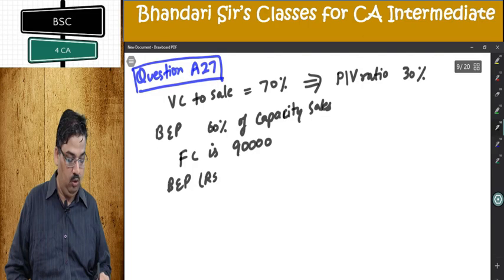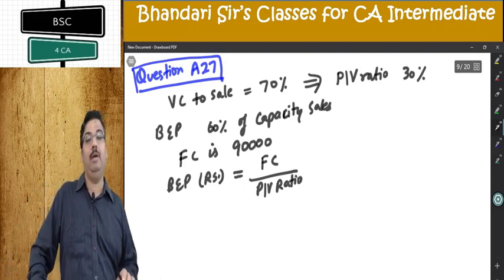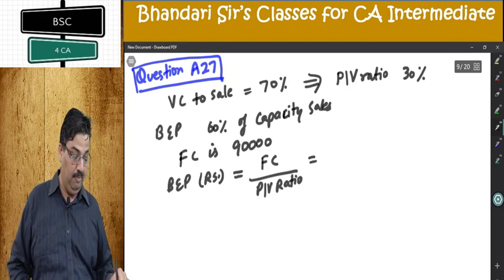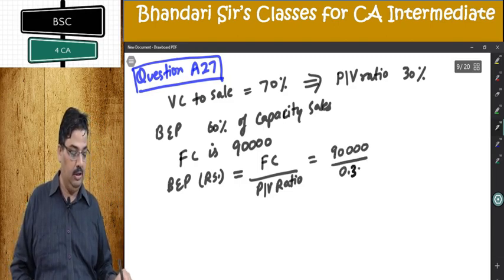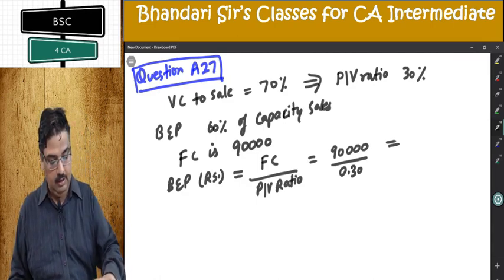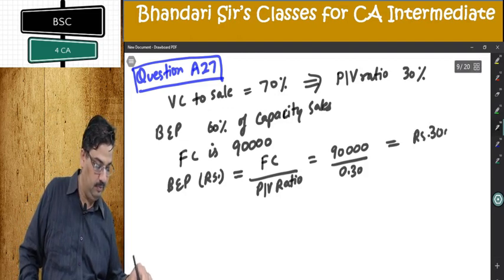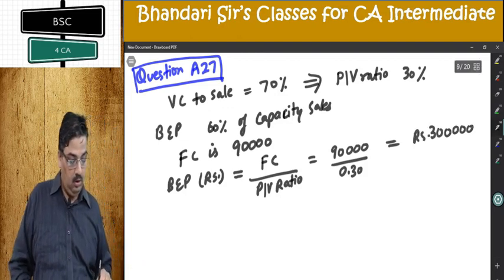Break-even point in rupees: fixed cost divided by PV ratio. Key thing is determining PV ratio, which you have done in the beginning, 30%. So that is important. Now we can easily get 90,000 divided by 0.30. I am getting rupees 3 lakh as break-even sale.